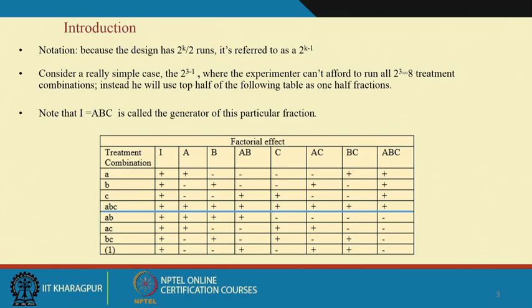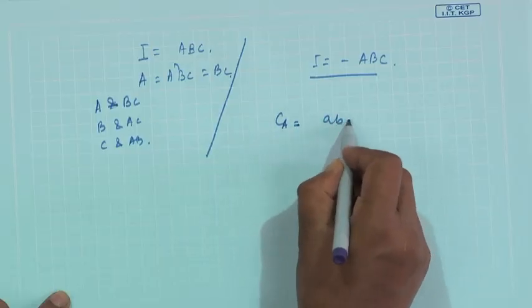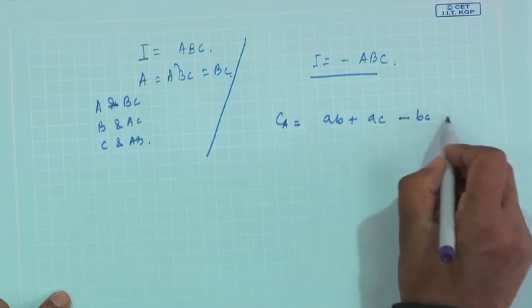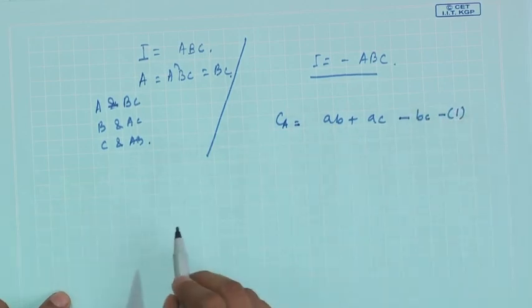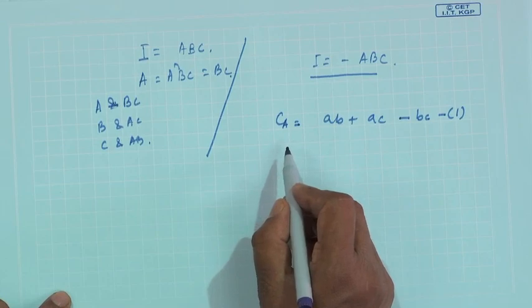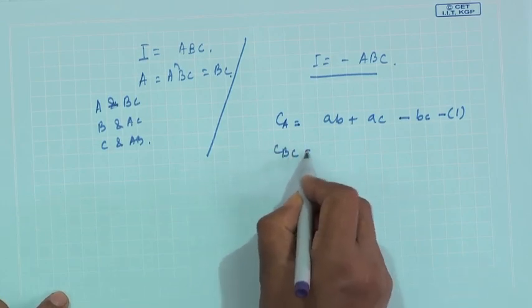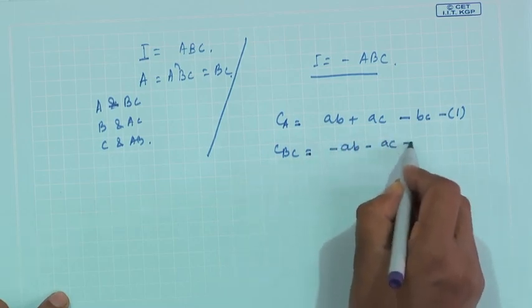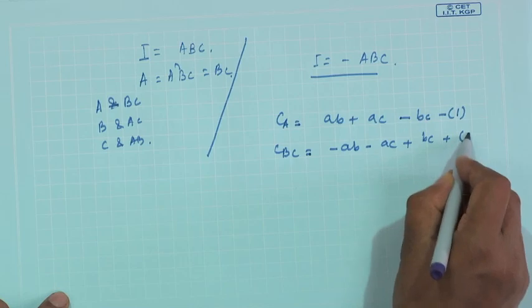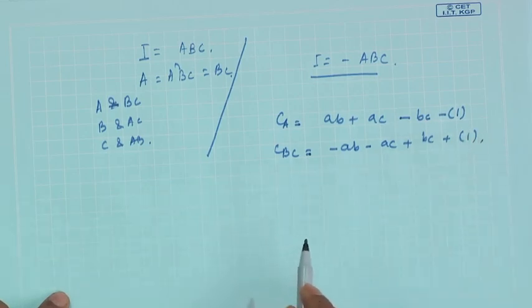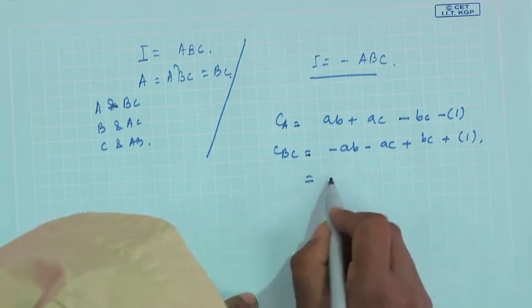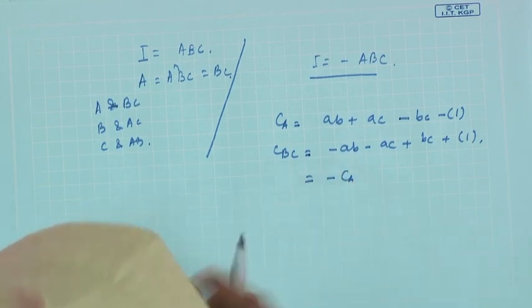The contrast for A is AB plus AC minus BC minus 1. Then, what is the contrast for BC? The contrast for BC is minus AB minus AC plus BC plus 1. What is happening then? That means this is minus of it.